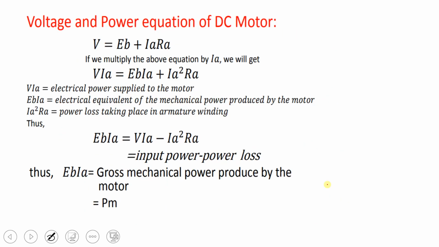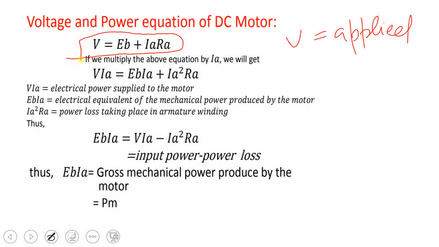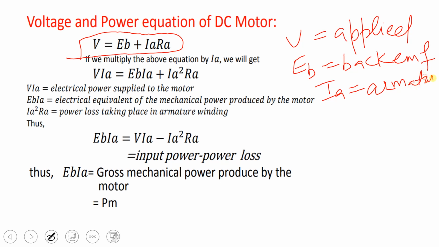Then the voltage and power equation of DC motor. I am talking about this equation here. V is the applied voltage, EB is the back EMF, IA is the armature current, and RA is the armature resistance.